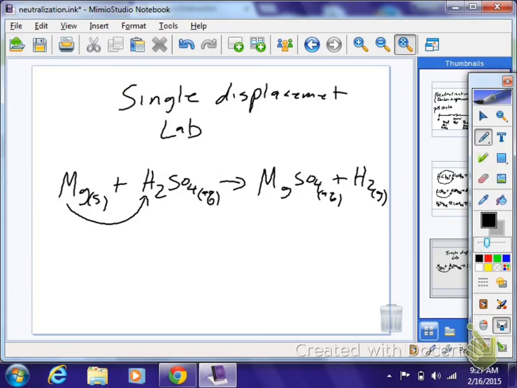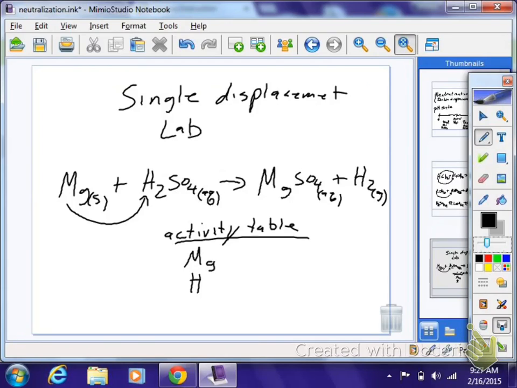So if I had an activity table to see what elements tend to be most active, that's what you're going to do based upon your results. Would magnesium be higher or lower than hydrogen? Higher. Because why? Because it took the place of hydrogen. It was more active than hydrogen, and hydrogen had to be replaced. So we put Mg above H.